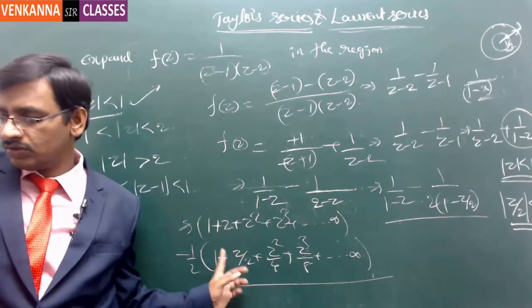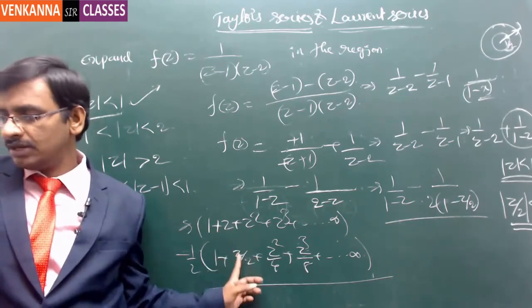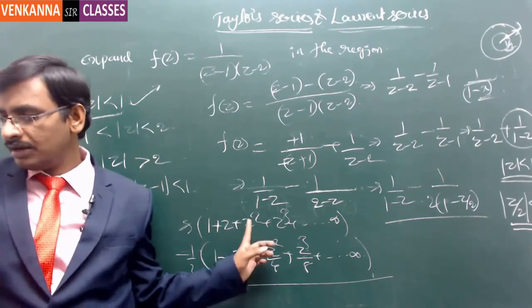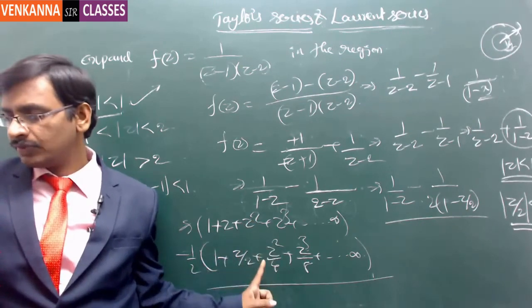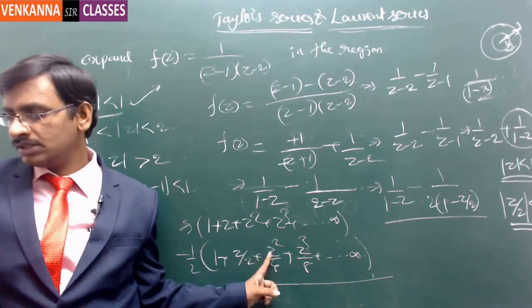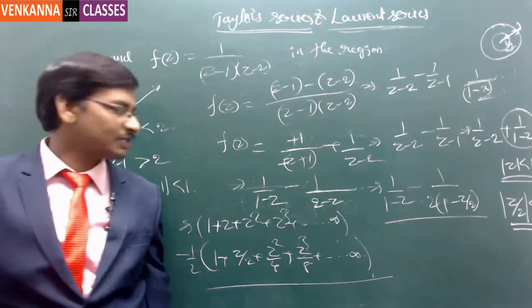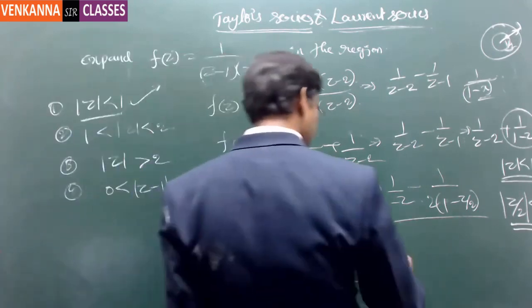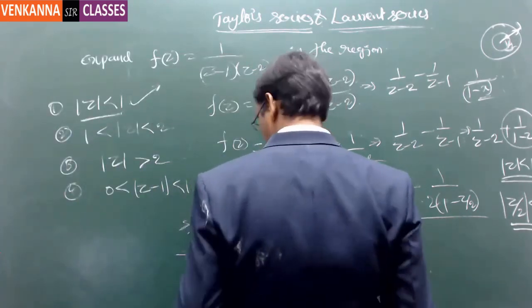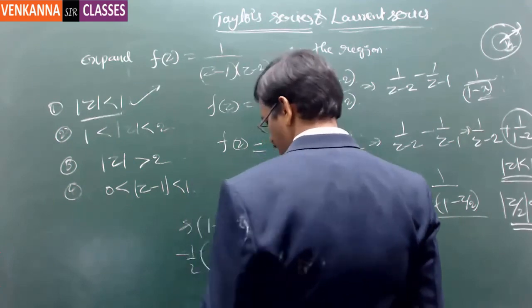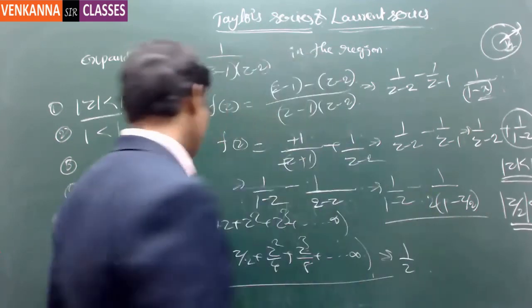1 minus 1 by 2 is plus 1 by 2, and z plus z by 2 is 3 by 2 times of z, and then z square plus 1 by 4 z square. So after simplification, this is 1 by 2 and then z plus z by 2 minus z by 4.